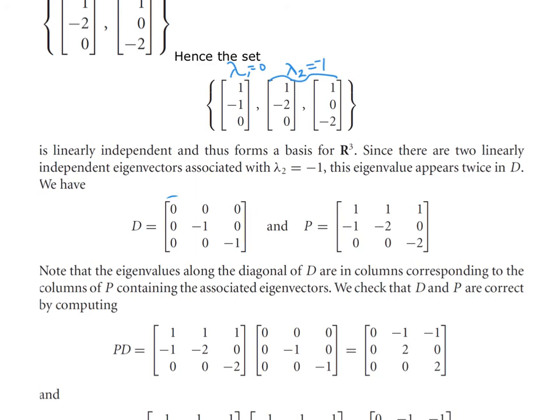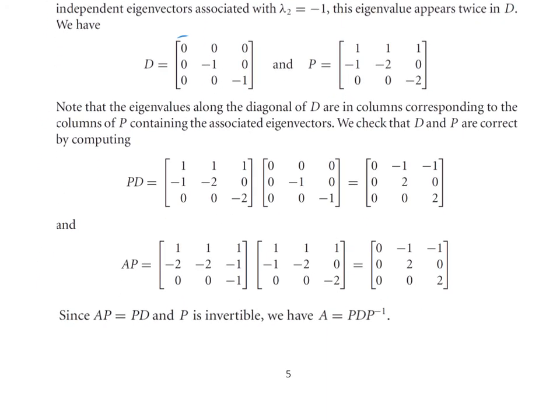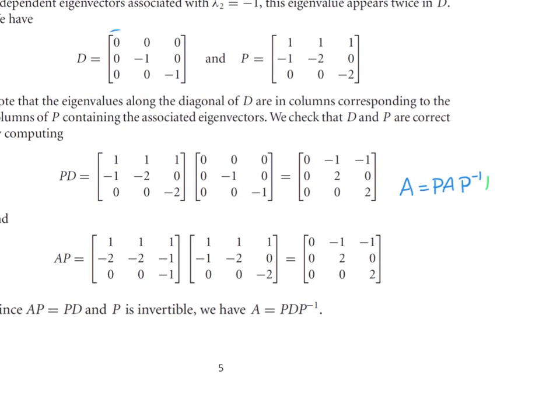And we go ahead and do a quick computation, and we end up with PD and AP giving me the same value. And the reason we did that is because if I have A is equal to P D P inverse, then if I multiply P on this side, I have to multiply P on this side, which is why I should have AP is equal to, and that should be D. Let me change that.